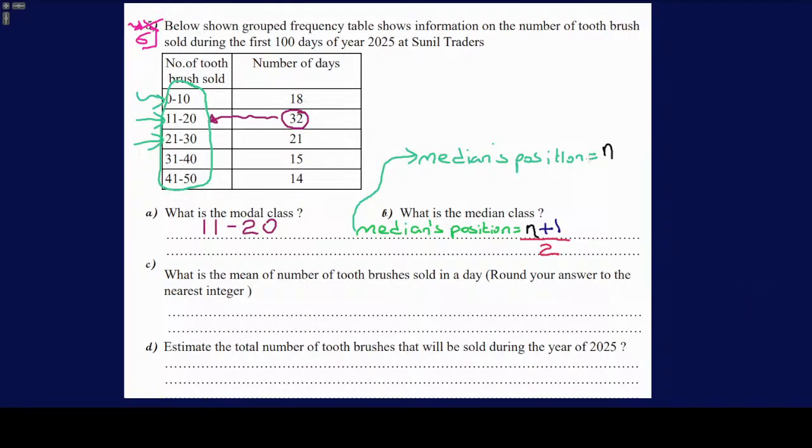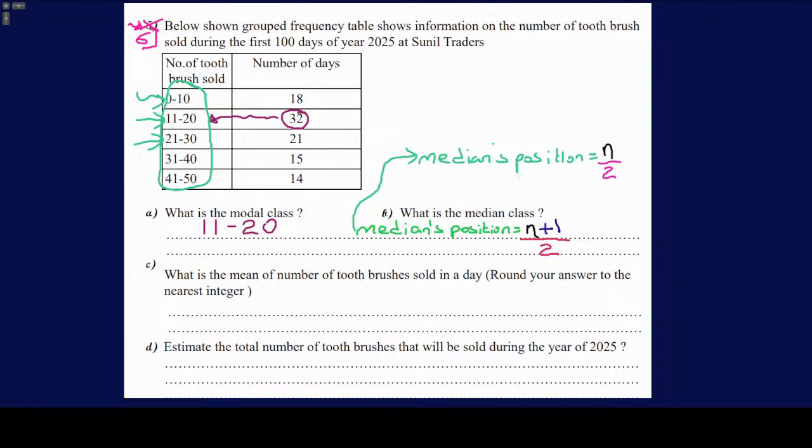When is this plus 1 not required? When you're dealing with a grouped frequency table with classes. 0 to 10, 11 to 20, those are called classes.